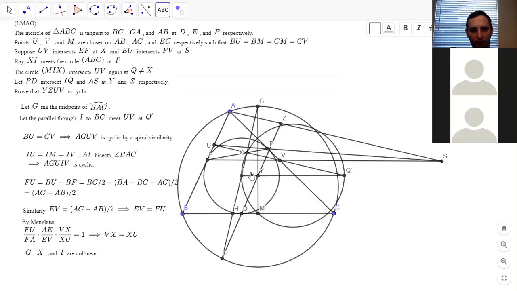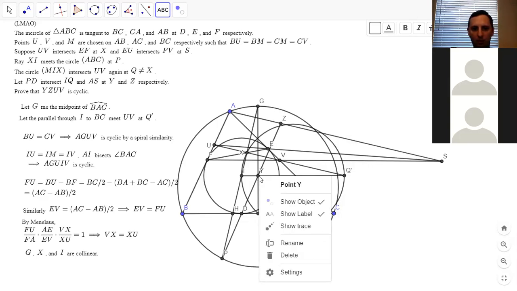And then, one thing we wanted to show is, you used ratios to show IY. So how is Y defined? We wanted to show Q prime equals Q. We defined Y as the line from I parallel to BC intersecting PD.